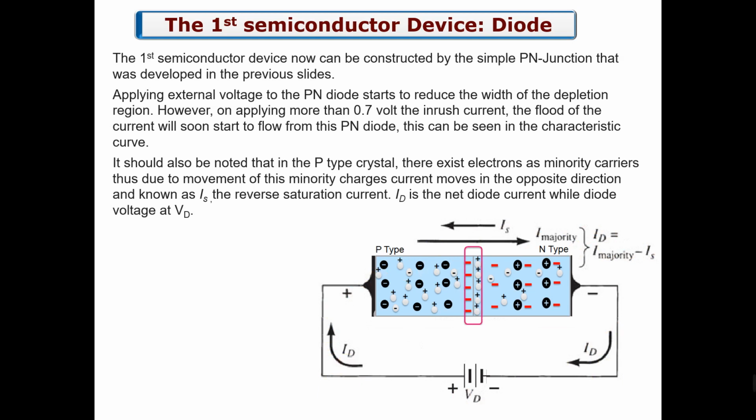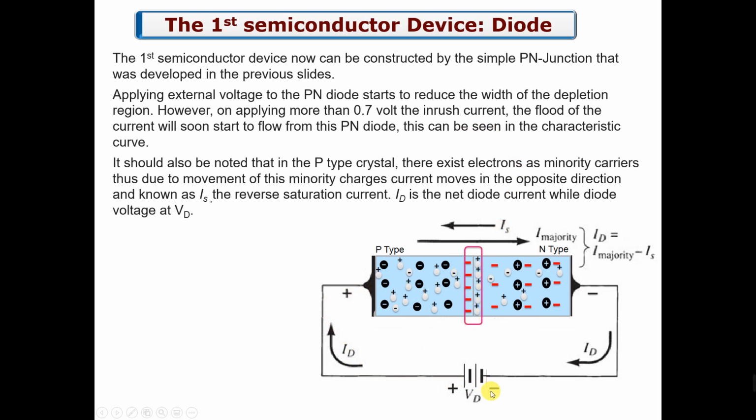This diode current is composed of two different currents: current due to the majority charges and current due to the minority charges. The external supply is pushing holes, and these holes diffuse and combine with the electrons.